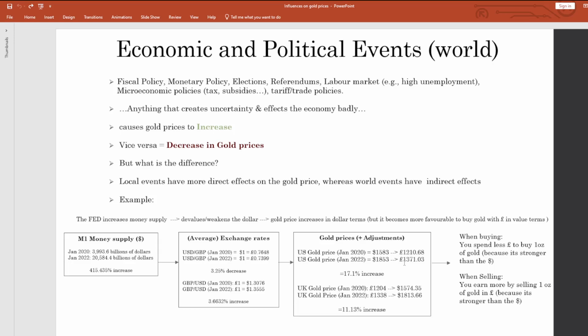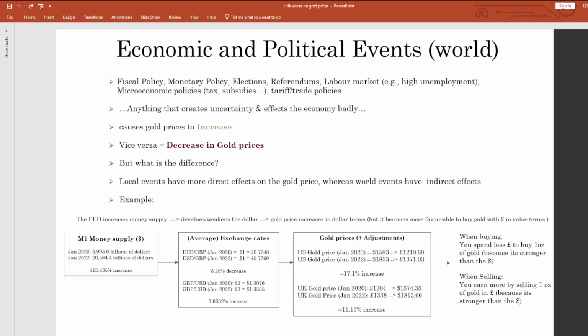So what does this all mean? Well, it means that when you're buying gold in the US market, let's say from a US gold dealer, you're actually spending less pound sterling to buy 1 ounce of gold in relative terms. If I were to buy gold in a US shop with pounds, I would spend less in relative terms. This is simply because the dollar has been devalued because of this action of the Federal Reserve.